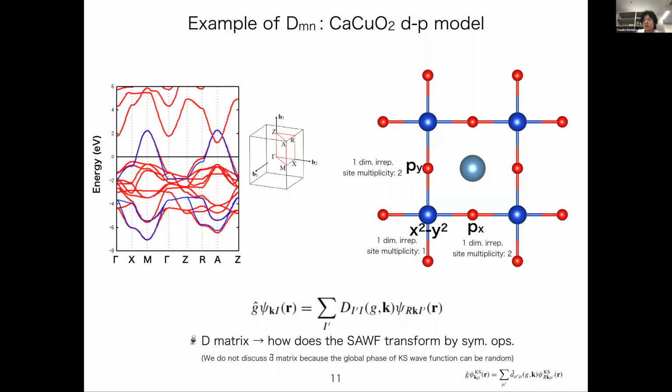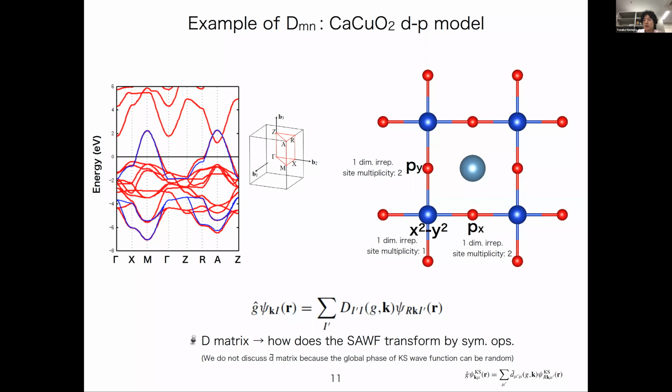Okay, then again, let me explain what this D matrix is. The D matrix describes how the symmetry adapted Wannier function transforms under the symmetry operations. It means that, for example, this px-like function is transformed by symmetry operations, and the D matrix describes how it is transformed.